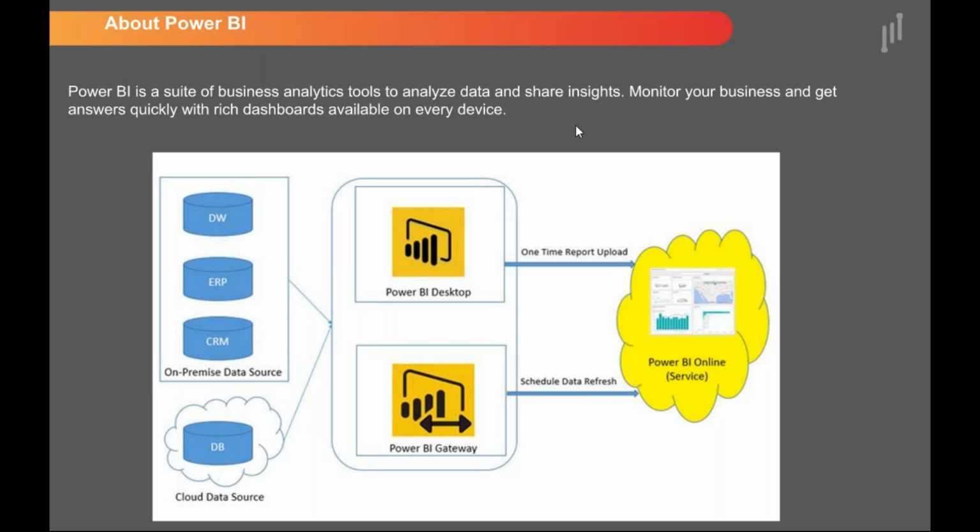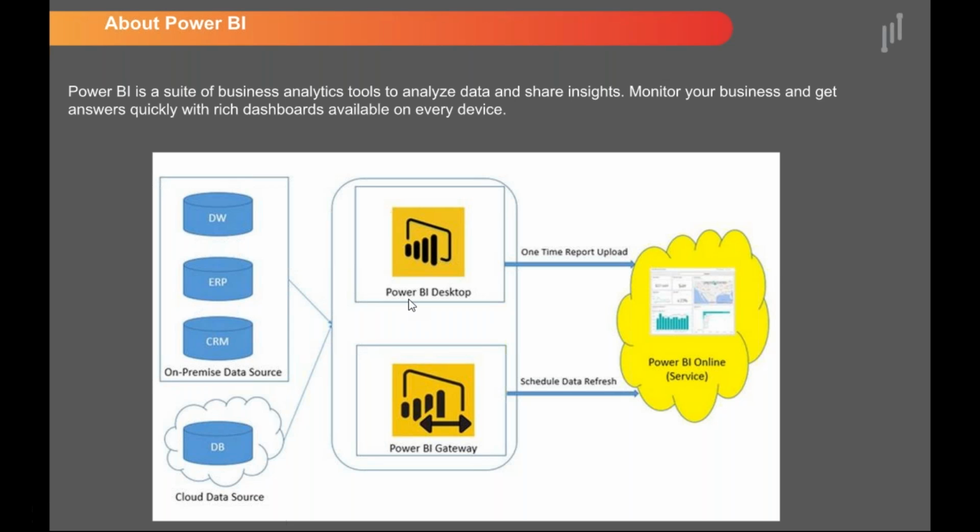Moving towards the architecture of Power BI, basically Power BI comes in two versions. The one is the Power BI Desktop and the other is the Power BI online service. When I talk about the desktop, a developer or a person who wants to develop a report is going to install Power BI Desktop on his machine.